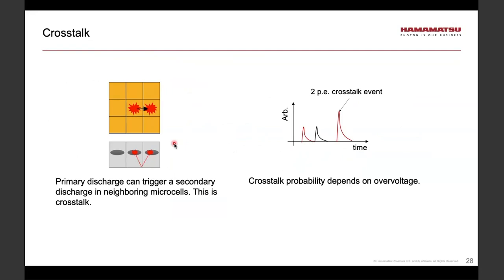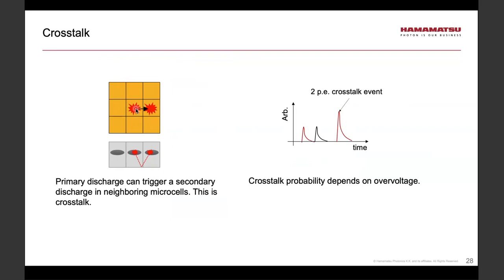I would like to discuss briefly a phenomenon that occurs in this device known as crosstalk. The reason is that it contributes to excess noise, to be discussed shortly. On the left-hand side, we see a discharge, an avalanche, in a microcell.